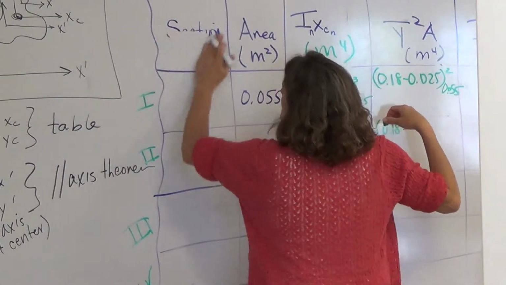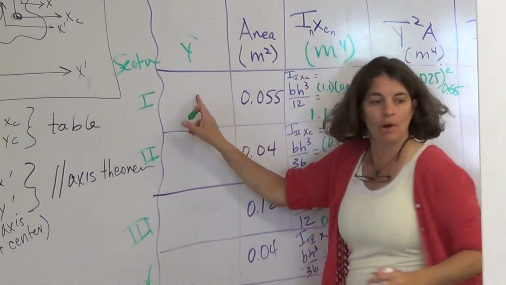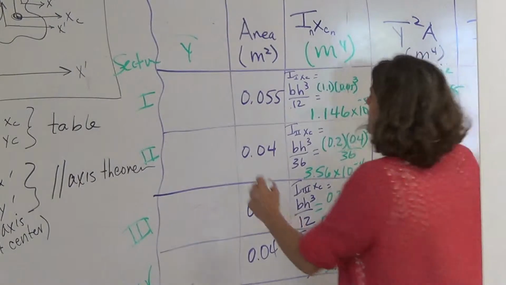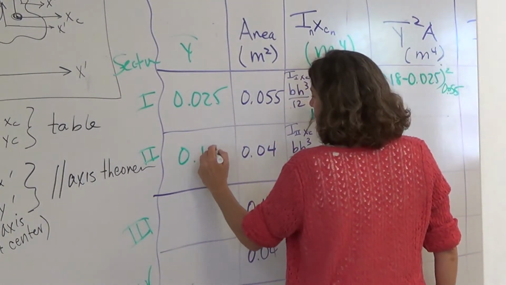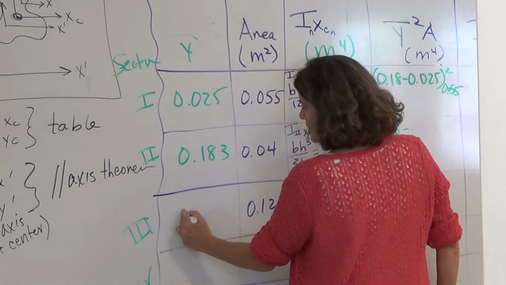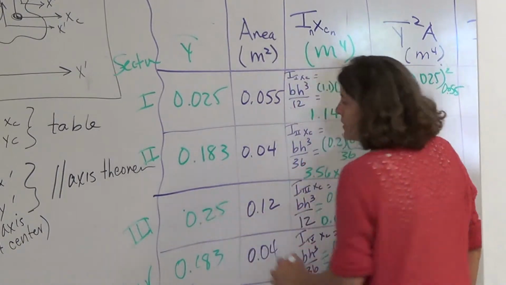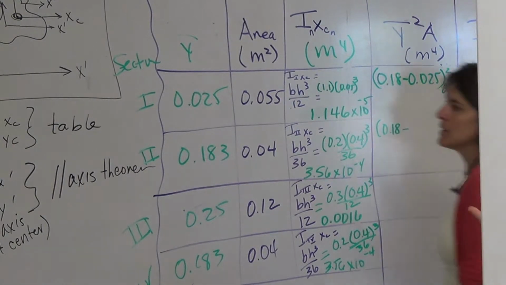What was the y bar for 1? 0.025. Next one? 0.13. Paul, you're saying 0.183 is where the centroid is, measured from the base of that left triangle straight up.